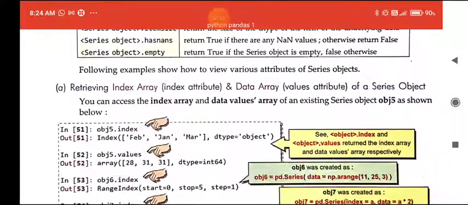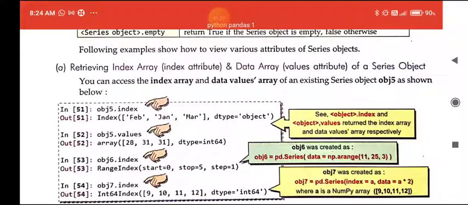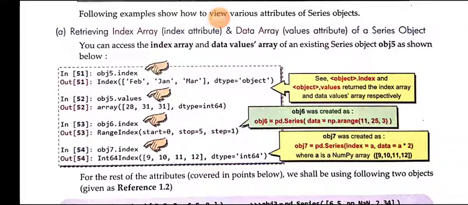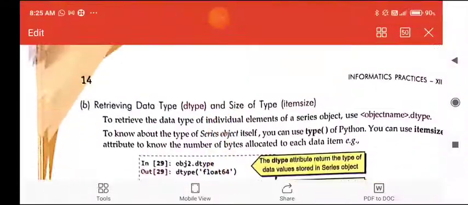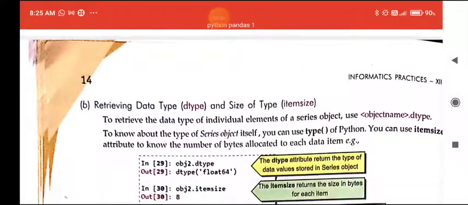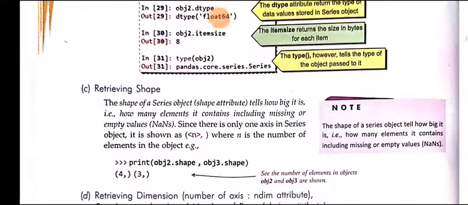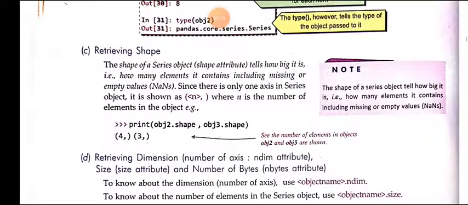Now moving forward, one by one it is explained here. First of all, by using the index attribute you can get its index. Second, if you want to retrieve the data type, you can use dtype. If you want to retrieve item size, you can use itemsize. If you want to retrieve shape, you just need to write obj3.shape, or whatever series you have created, dot shape.